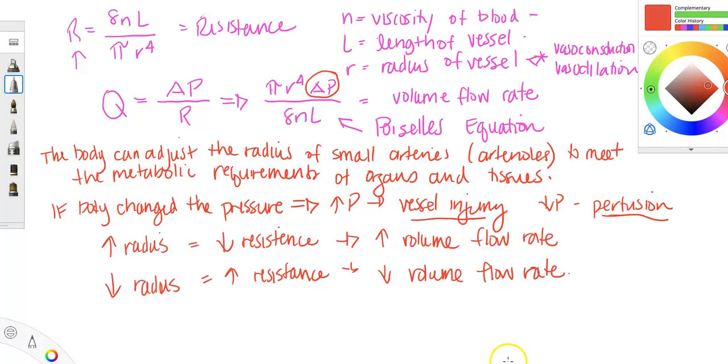And the more we vasoconstrict, the more resistance that blood encounters to go through the vessel, and the more turbulent the blood flow is, which makes the blood flow slower, sort of, in a way.